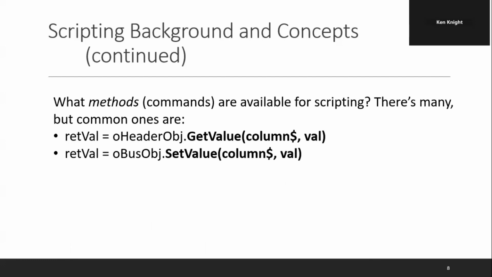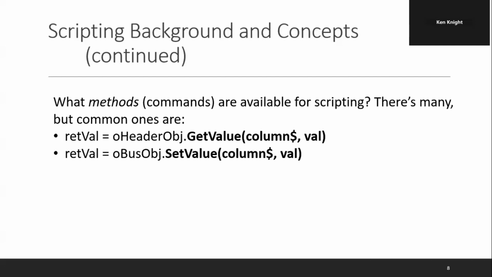So let's talk about the example that I just had, where my current business object is the sales order detail, which means that my header object is the sales order header. I had a client that had very specific reporting needs that required me to put the customer PO number from the sales order header into a user-defined field that we had on the sales order lines.